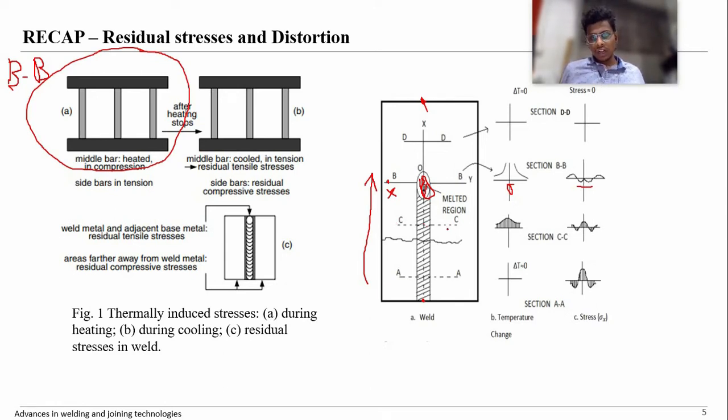Now if I consider the CC section, the temperature at the farther regions will be a little more than room temperature. But here, since the arc has passed, the temperature will be higher at the center, and again it reduces from the center as I move away from the weld pool towards the base metal.